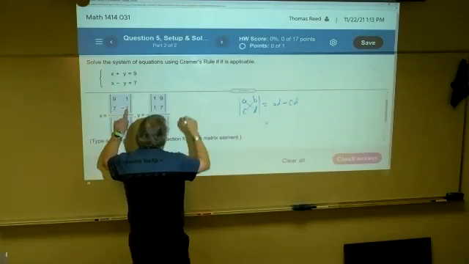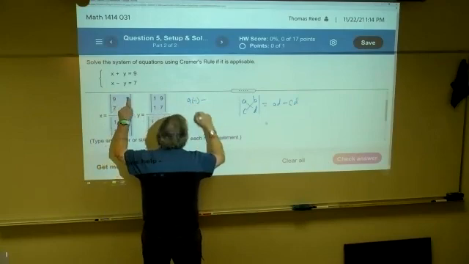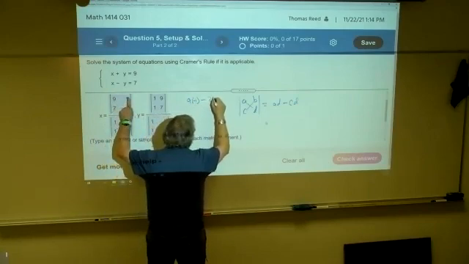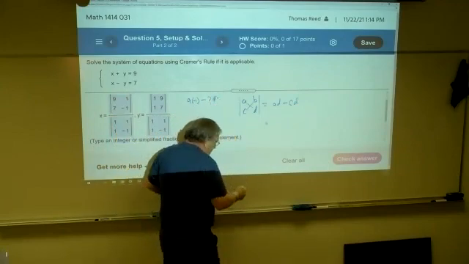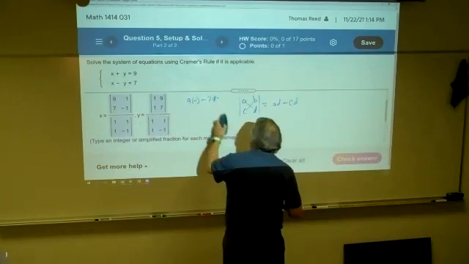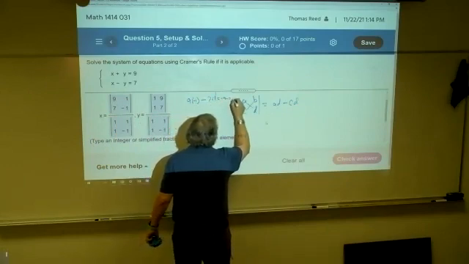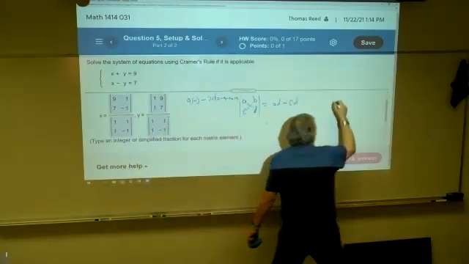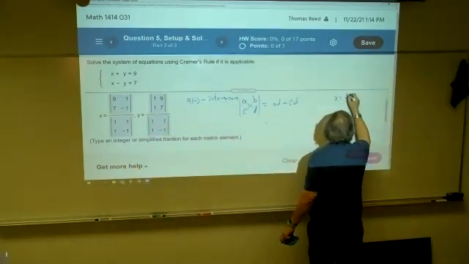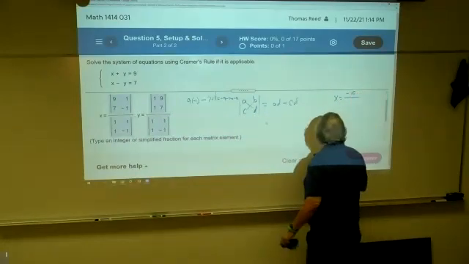9 times negative 1 minus 7 times 1. So we have a negative 9 minus 7, which is negative 16. So for x right now, I have a negative 16 in the numerator.